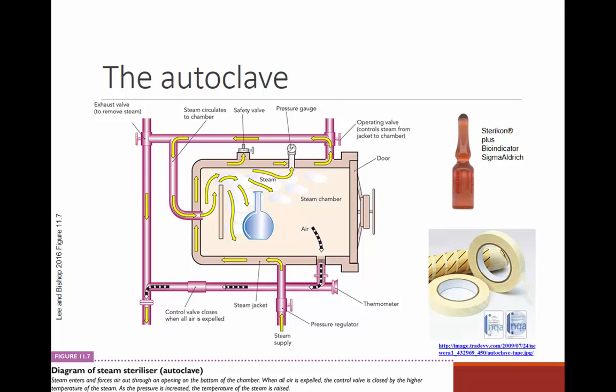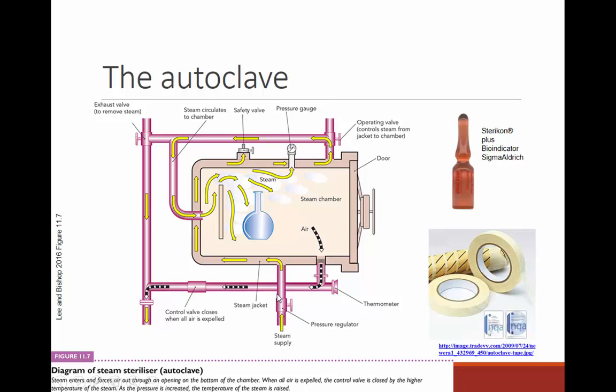And what it looks like is you need a steam supply. Okay, so you've got a chamber here, you've got a wheel here, so on a door. So if you open it up, you'll be looking down that way. And so then you put what you need to be sterilised, and it might be some media that you want to be sterilised, put it in there and then close the door and make sure it's tightly closed and locked.